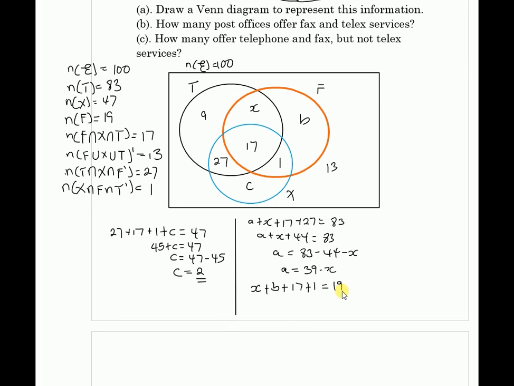We are not looking for X, we want to write B in terms of X. This one is equal to 19, this one is 18, so 19 minus 18, then minus X. So B is equal to 1 minus X. That is some other thing which we have there.